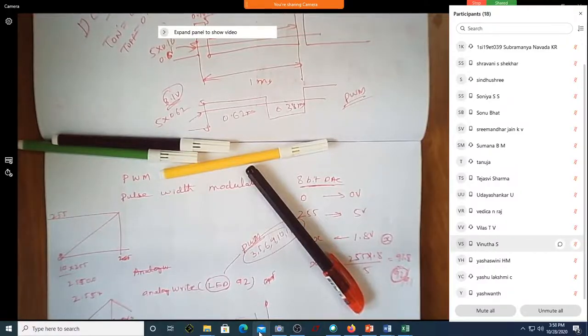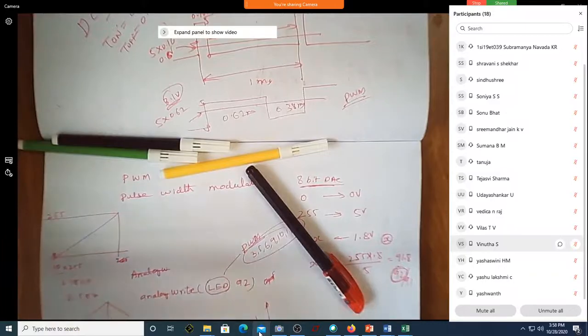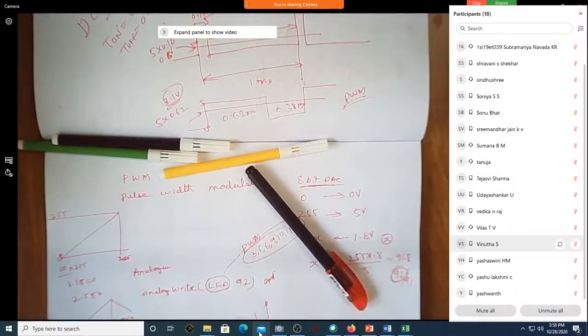Suppose the temperature goes above 25, the fan should turn on immediately. If it becomes 17 degrees, the fan should turn off immediately. You can think of doing such small projects for yourself using an Arduino.